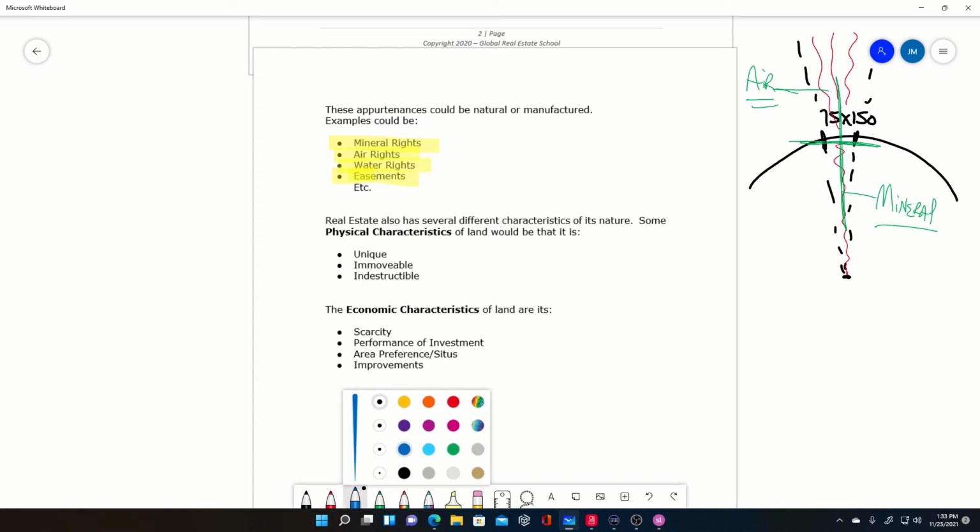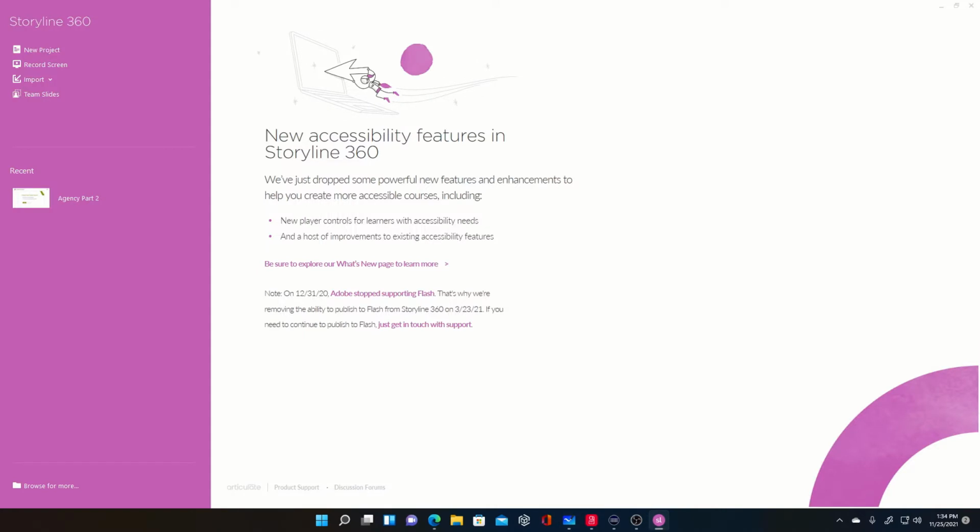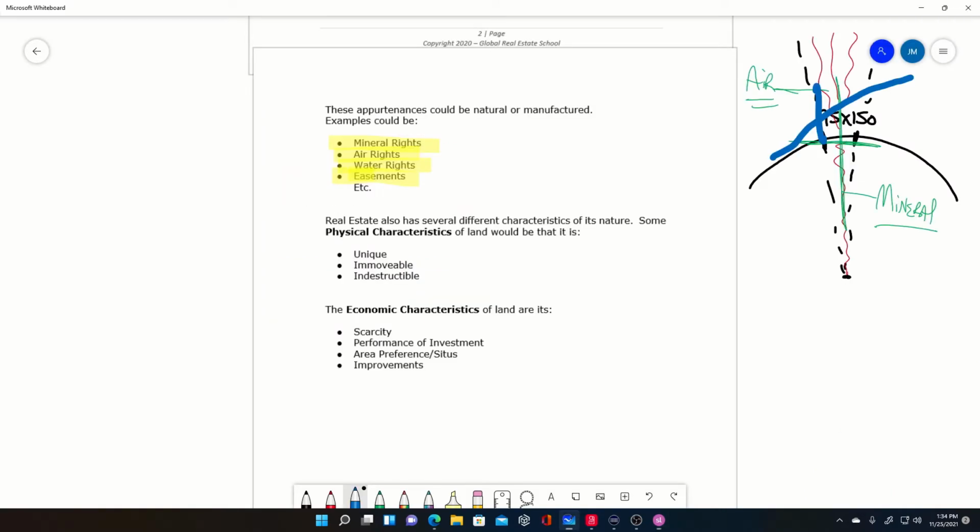That's why sometimes airports that are close by a property where the planes fly across have to purchase these parcels of real estate, because the flight plan is in line with the air rights. They're going to have to purchase those air rights because they're so close to the airport. Now, keep in mind, they do not have to purchase everyone's air rights, but if you're within a certain proximity, they would have to do that.